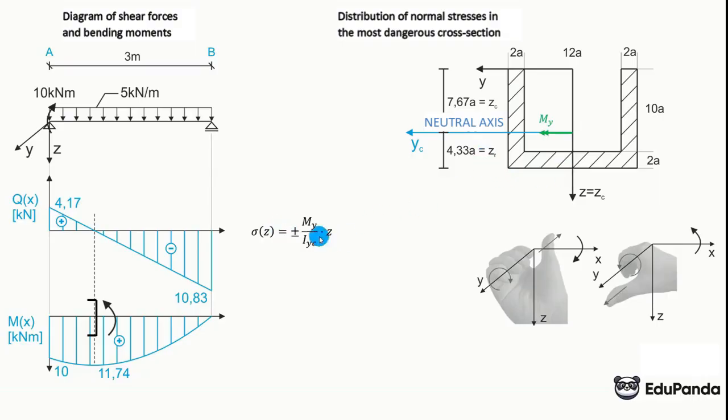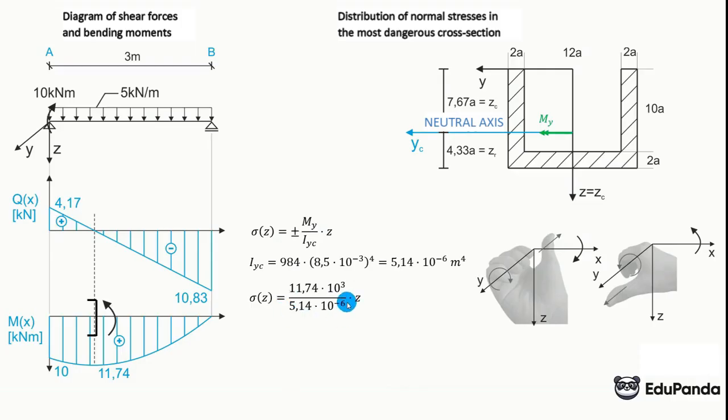The y moment of inertia, here I substitute, was 984a to the power of 4. So for a, I substitute what we dimensioned, to the power of 4. I get 5.14 x 10 to the minus 6 basic units, that is meters to the power of 4. And the stress function: since we already have the moment, we substitute the moment of inertia.